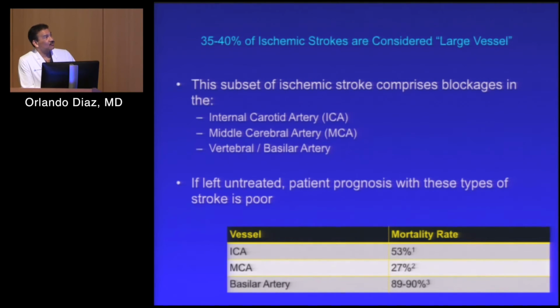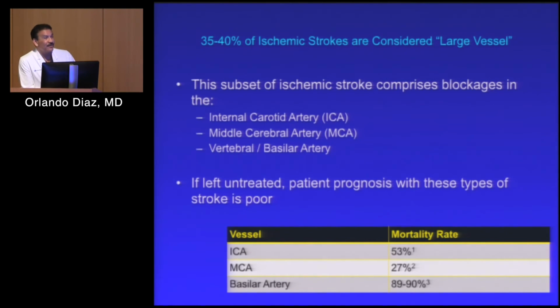If we don't treat this with mechanical thrombolysis, look at that. The mortality if the patient has an ICA, internal carotid artery, big vessel, is 53%. If we don't do anything for an MCA, the patient is dead in 30%. And look at that, the basilar artery, the patient is dead in 90%.